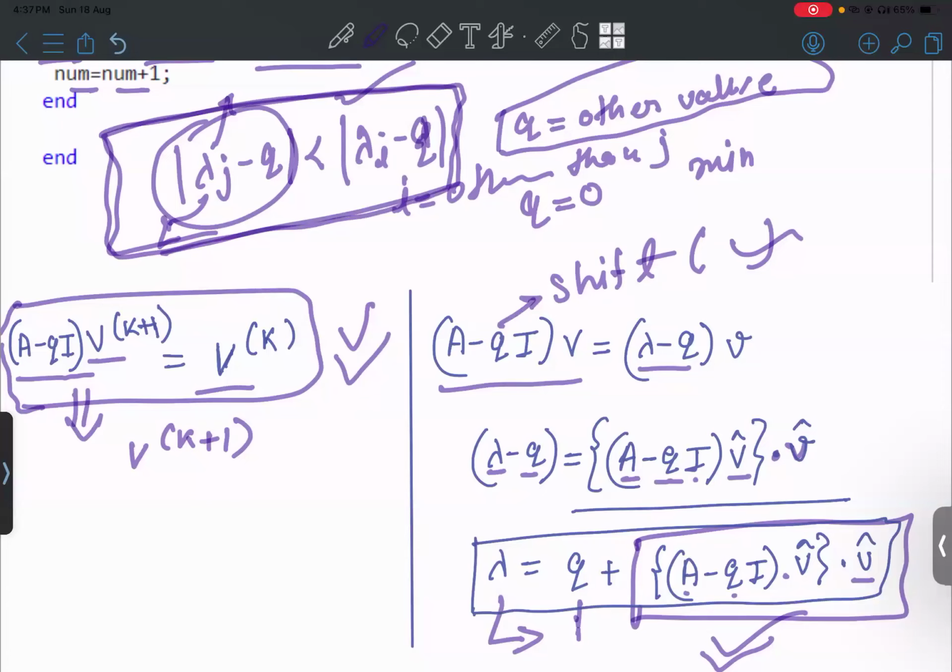Clear? Please respond so that I can show you the code now.